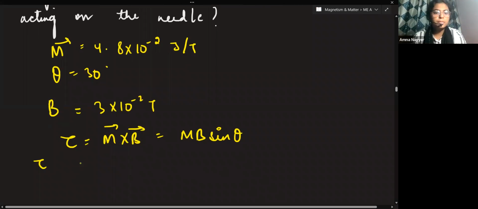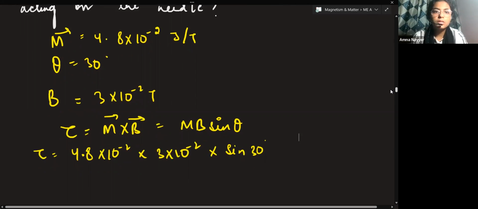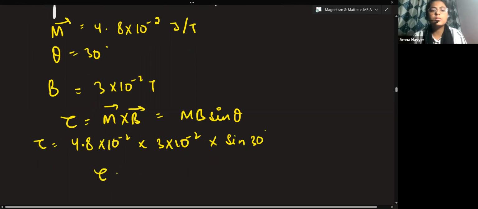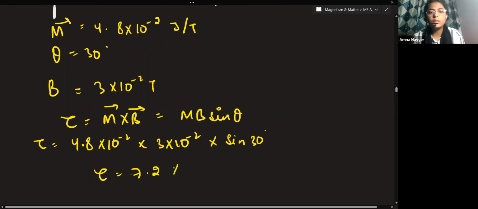So this becomes 4.8 into 10 to the power minus 2, magnetic field is 3 into 10 to the power minus 2, and then sine 30 degree. When you solve this, you will get the answer that they both are getting, 7.2 into 10 to the power minus 4. And since it's torque, the SI unit will be Newton meter.